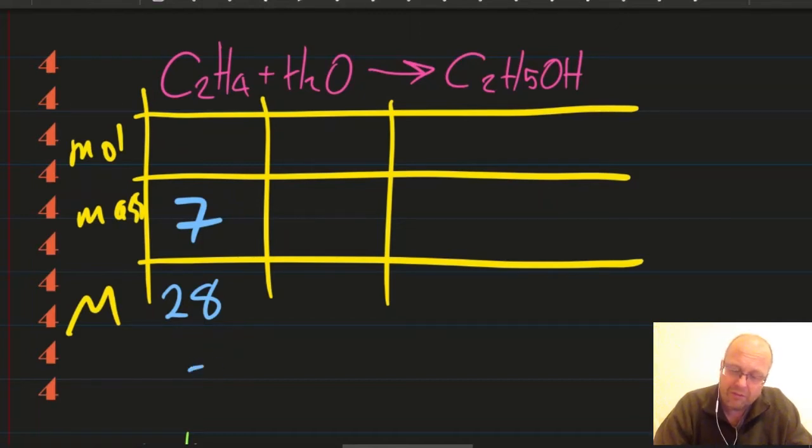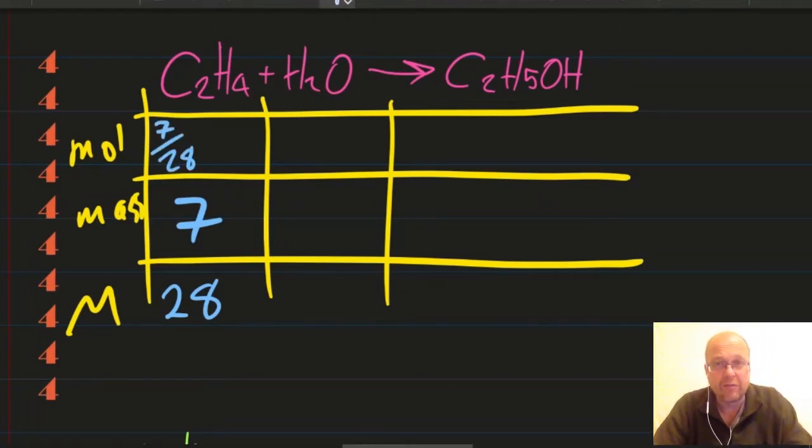And so moles is mass over molar mass, so that's going to give me 7 over 28. And I'm going to keep the fractions because the answers are in fractions. So since 1 ethene makes 1 ethanol, 7/28 of ethene is going to make 7/28 of ethanol. Now I need the mass.